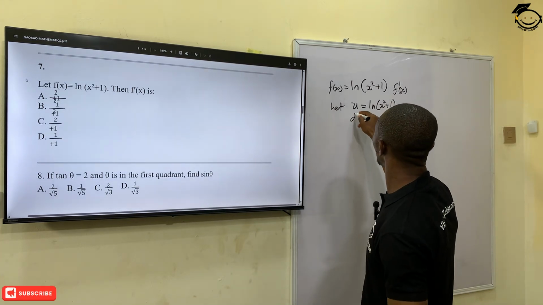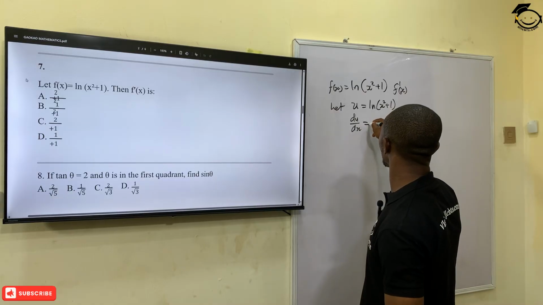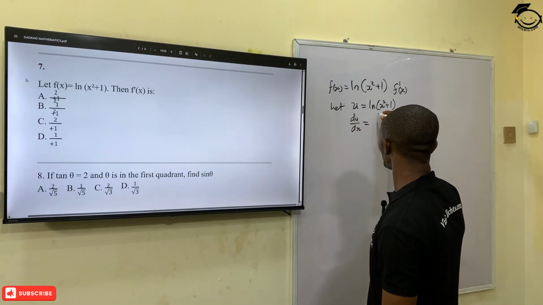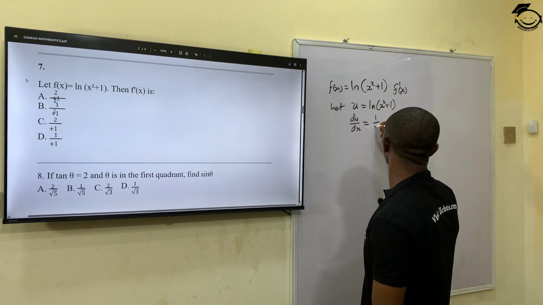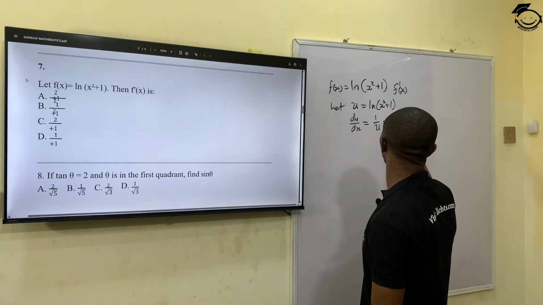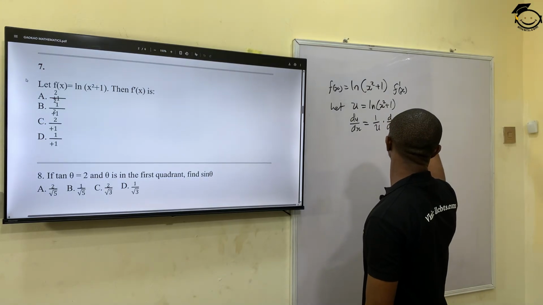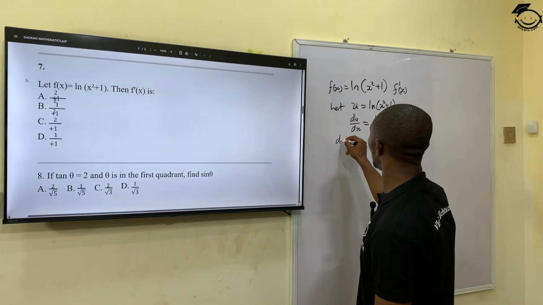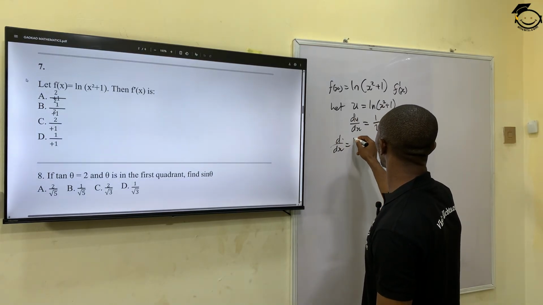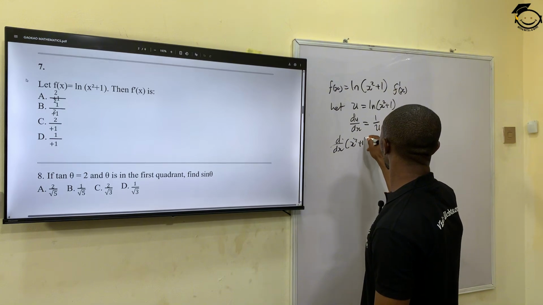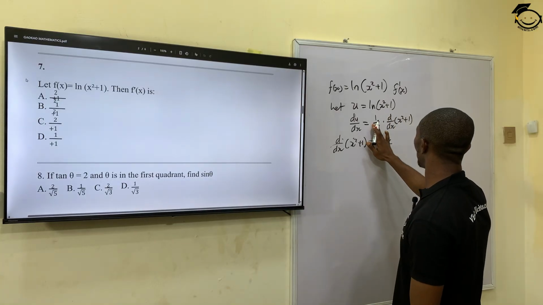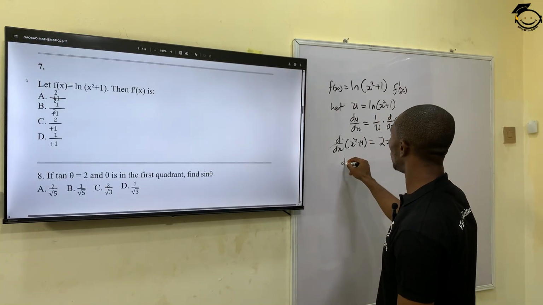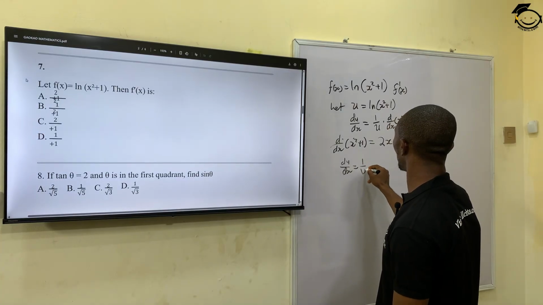Okay, so du dx will become 1 over u dot dx of x squared plus 1, and dx of x squared plus 1 will give us 2x. Okay, while our du dx is 1 over u.